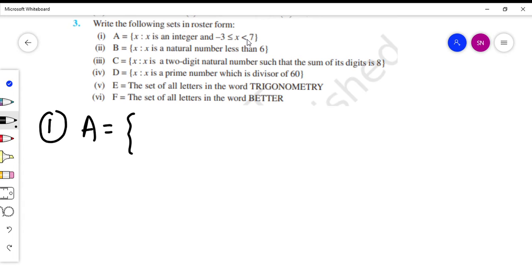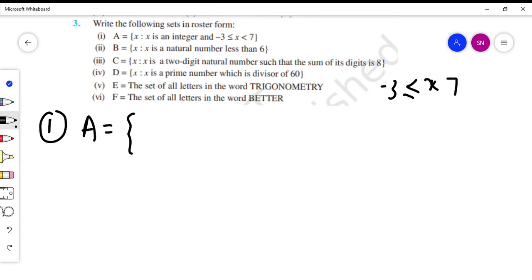So since I have given a value range here as minus 3 less than or equal to x less than 7, and one more condition is that the value of x here is an integer. We know integers are all positive numbers, negative numbers along with 0.